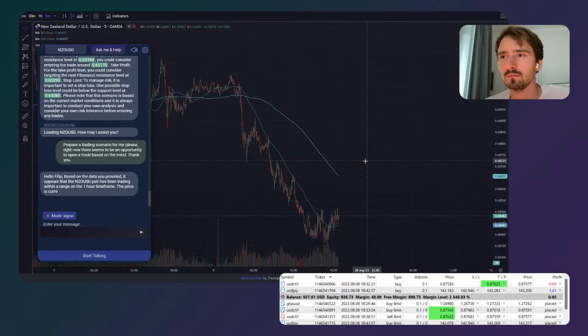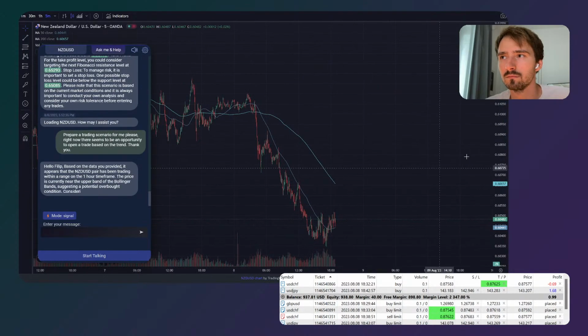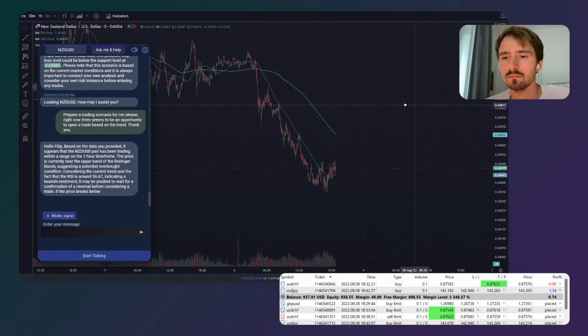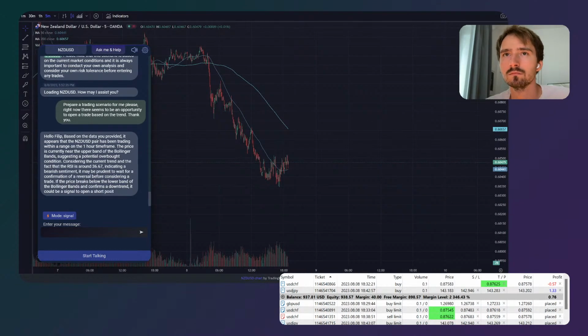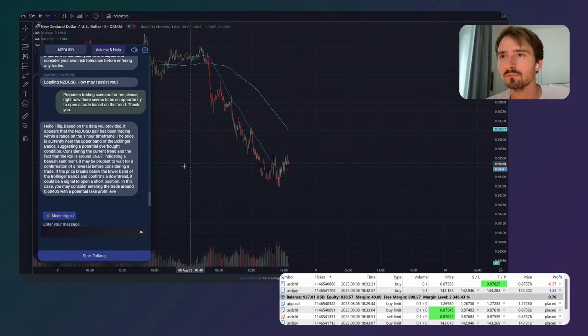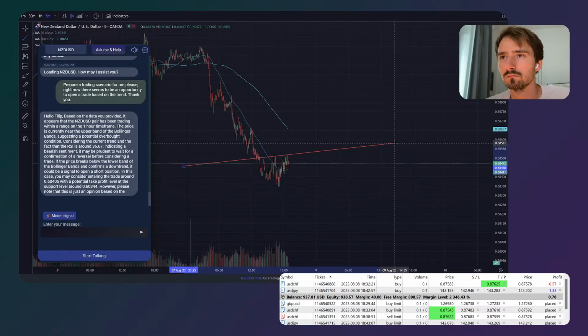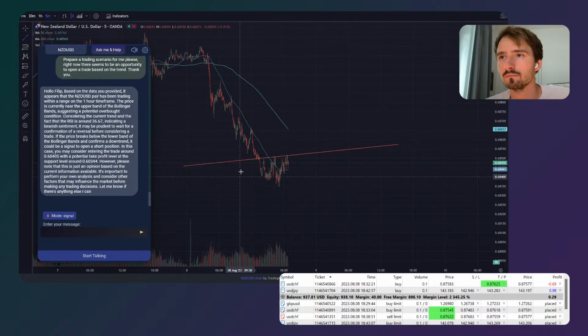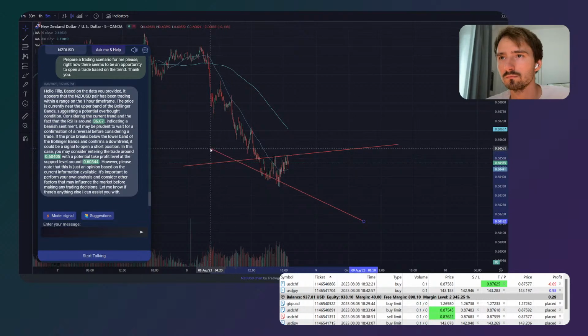Hello, Philip. Based on the data you provided, it appears that the NZD-USD pair has been trading within a range on the 1-hour time frame. The price is currently near the upper band of the Bollinger Bands, suggesting a potential overbought condition. Considering the current trend and the fact that the RSI is around 36.67, indicating a bearish sentiment, it may be prudent to wait for a confirmation of a reversal before considering a trade.